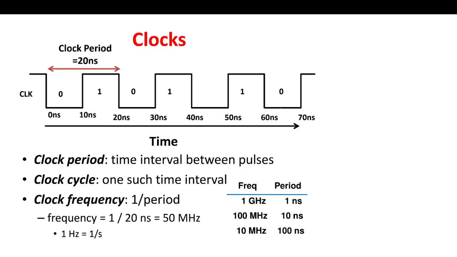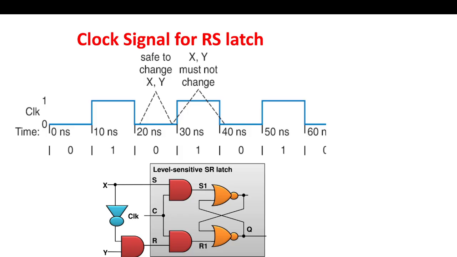So what is the clock period? This duration of time is called the period, and 1 by period is the frequency, and clock cycle is one such interval. So this is for clock signal for RS latch.